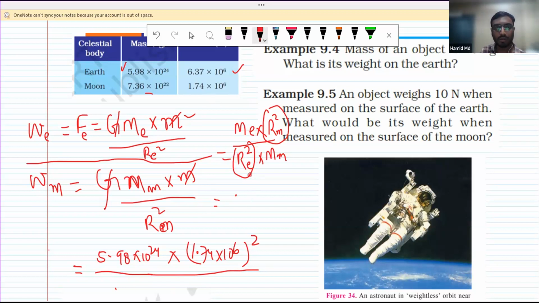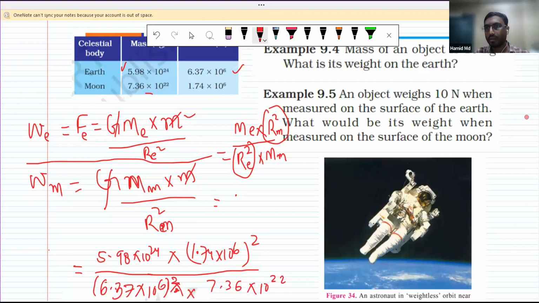Then radius of Earth is 6.37 into 10 raised to the power 6, squared, into 7.36, the mass of moon, 7.36 into 10 to the power of 22, right? Okay.